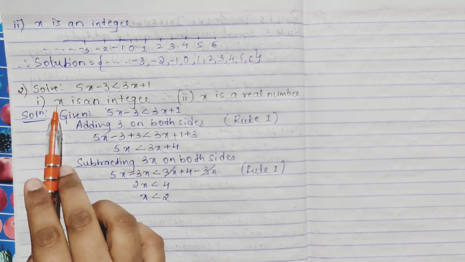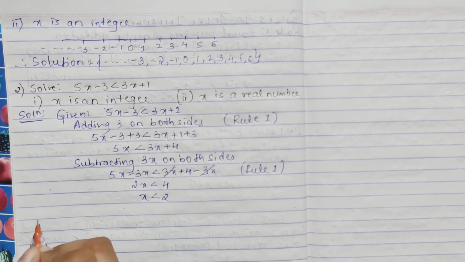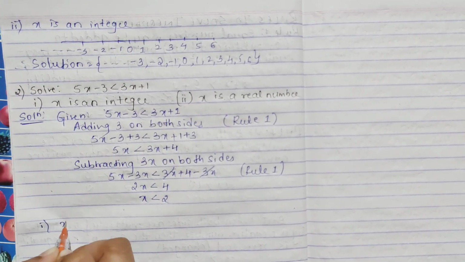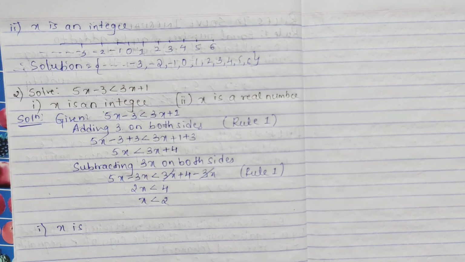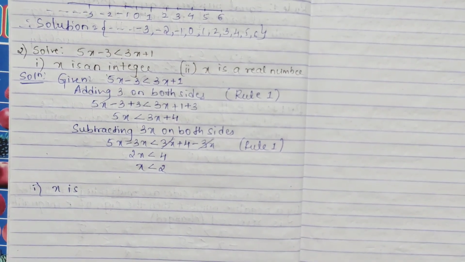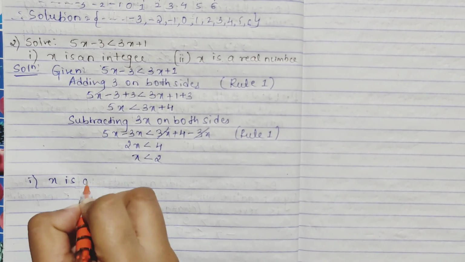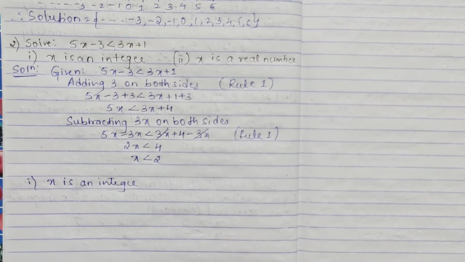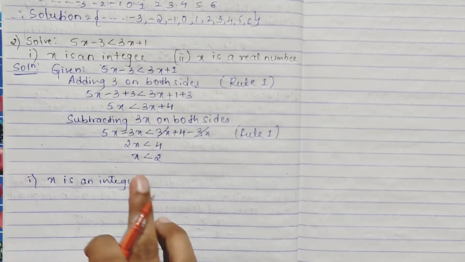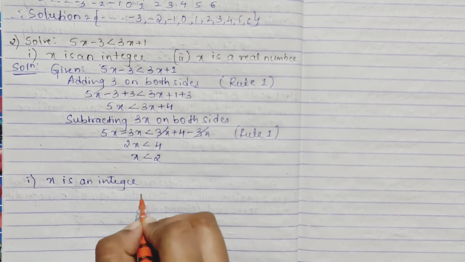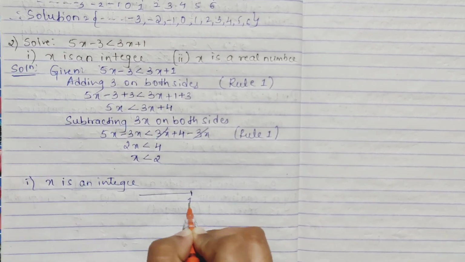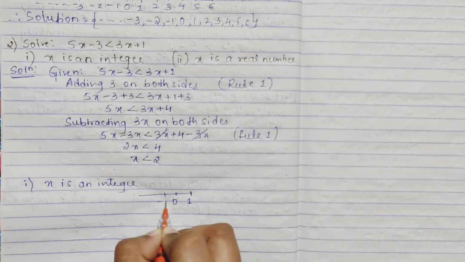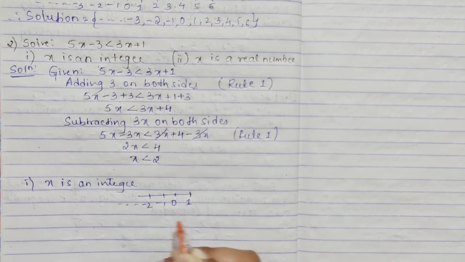Now we'll see our condition. First they have said x is an integer. X is an integer. Integer which is less than 2 is obvious. See, I said less than 2 is obvious. 1, 0, minus 1, minus 2, so on, right?